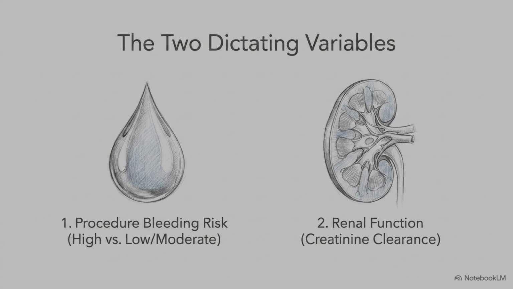Why is that important? If it is a high-risk procedure, you want to make sure that you have allowed enough clearance of the drug so that there is no residual effect. On the other hand, if it is a low-risk procedure, you should be able to still do the procedure with a little bit of drug still in the system.